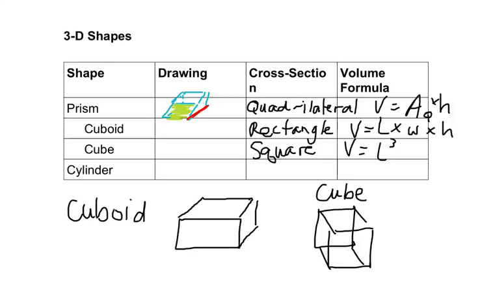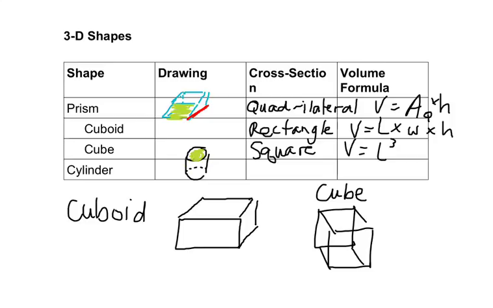A cylinder, I'll go ahead and draw that here. A cylinder is like a water bottle, that's my example later. It has a circle on the bottom and a circle on the top. In this case, the cross-section is the circle, because if I slice it horizontally, I'm always going to see a circle. Whereas if I sliced going up and down, all those pieces would look different.